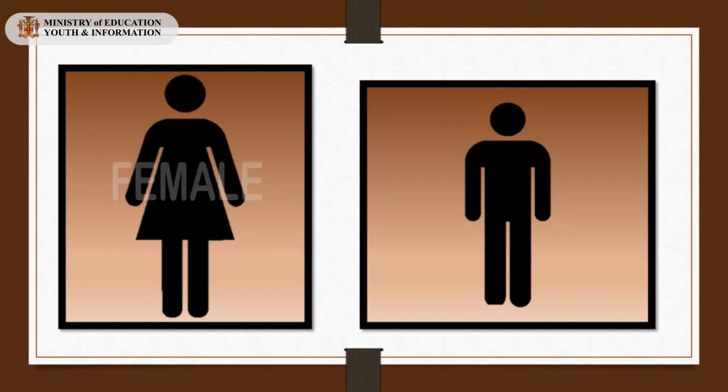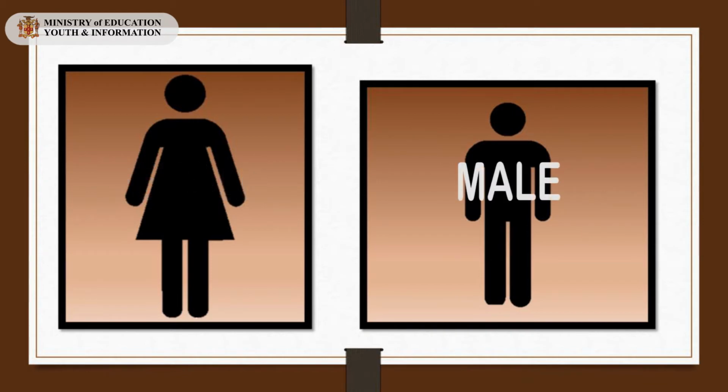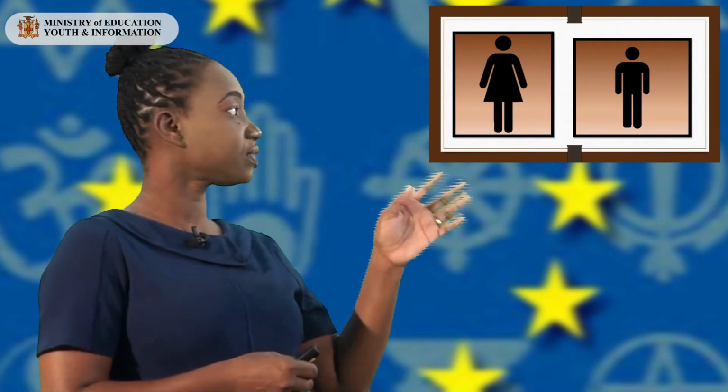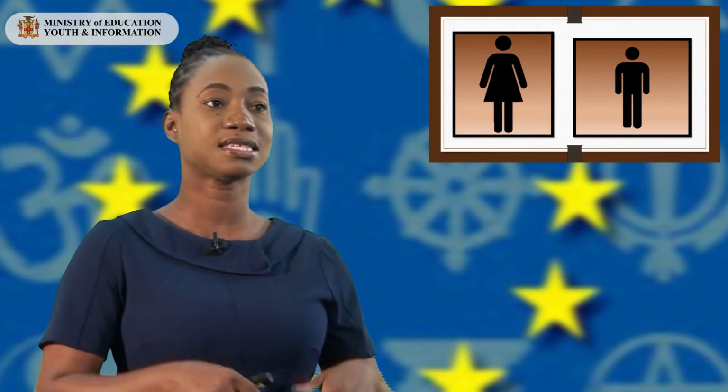You look for the sign female or the symbol of a female in a dress, the sign male or the symbol of a male in trousers. That helps to influence an individual's decision. Persons may not be able to read, and so seeing signs and symbols helps them to distinguish what it is that they need to do.